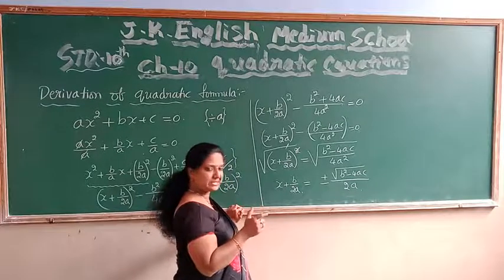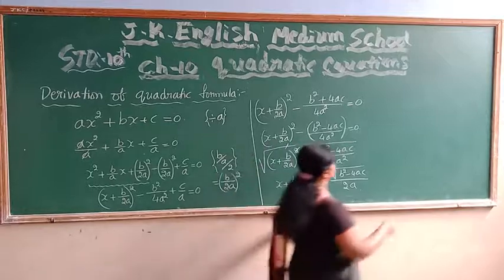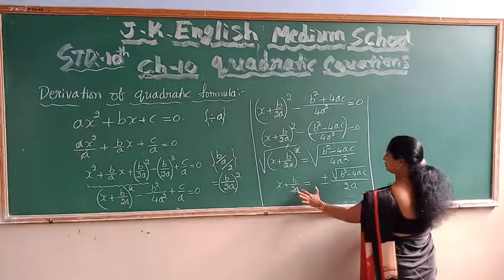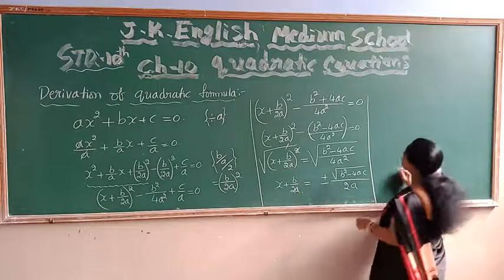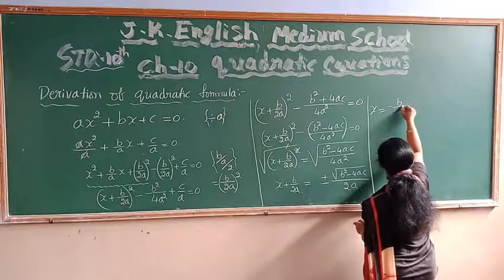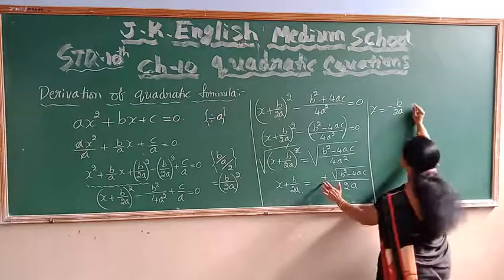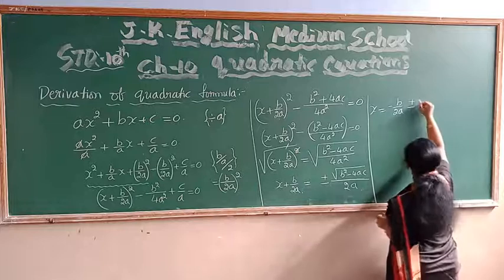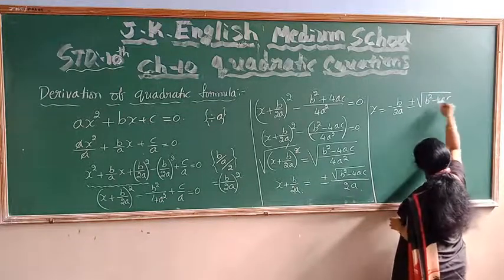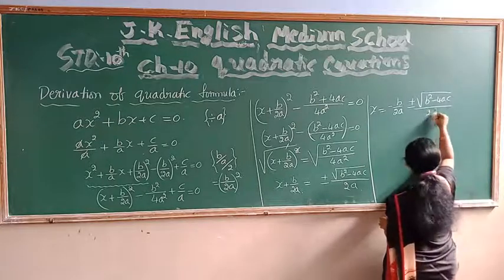You cannot apply it separately. After this step, children, now you take b by 2a to this side. So x is equal to minus b by 2a plus or minus the square root of b square minus 4ac divided by 2a.